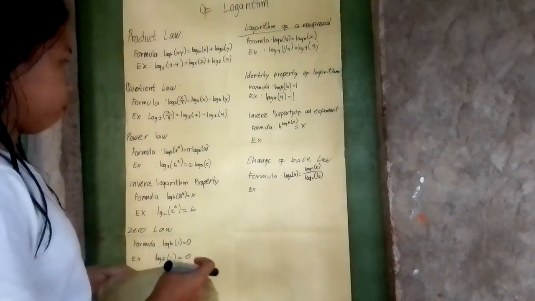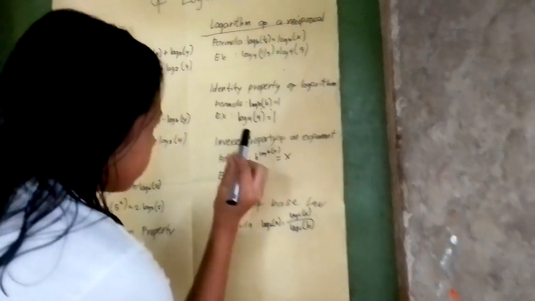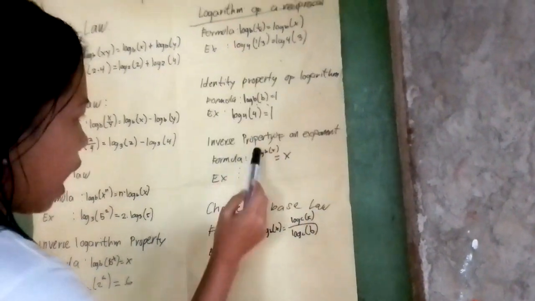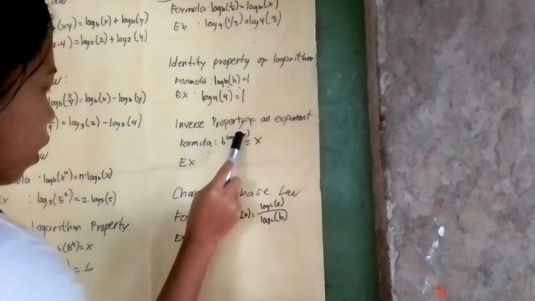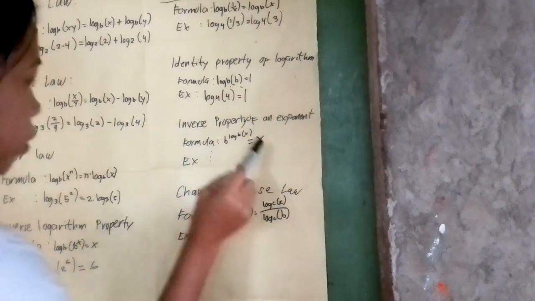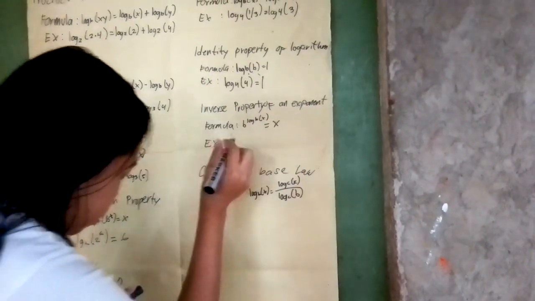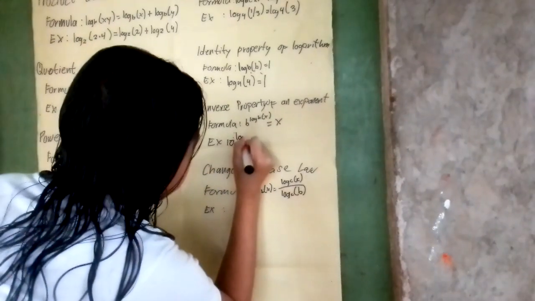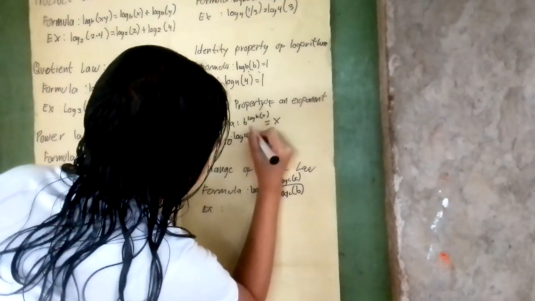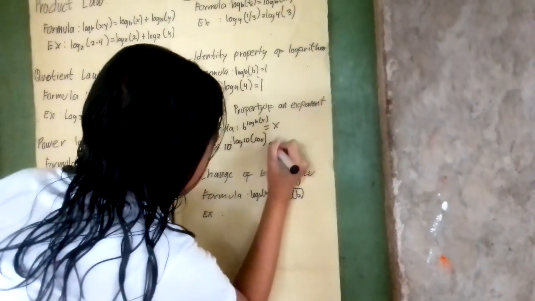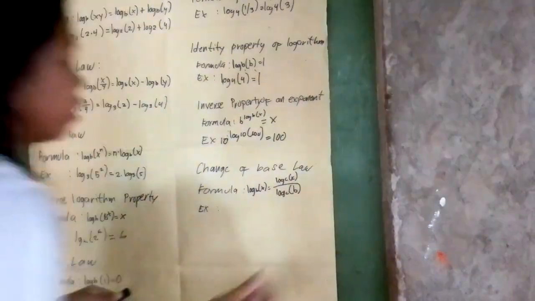So the formula of the inverse is b to the exponent of log base b, quantity of x, equivalent to x. So the example for inverse is 10 to the exponent of log base 10, quantity of 100, is equivalent to 100.